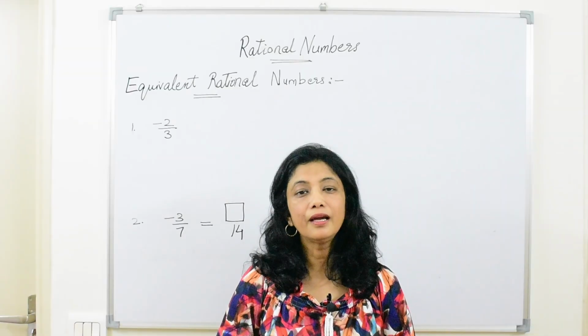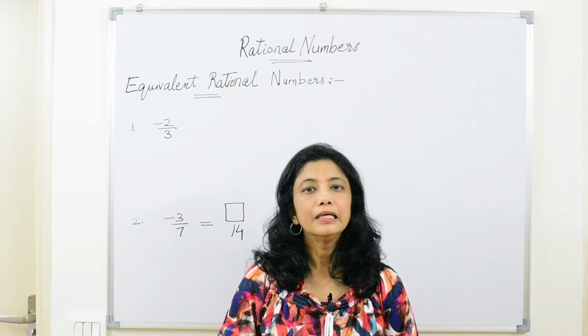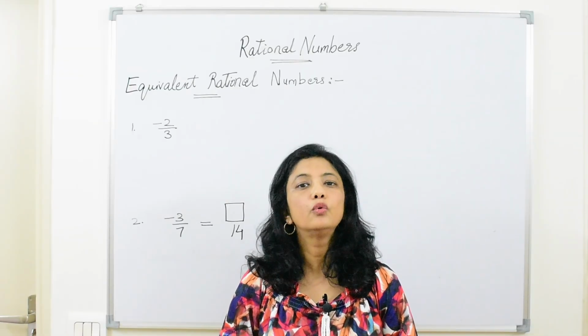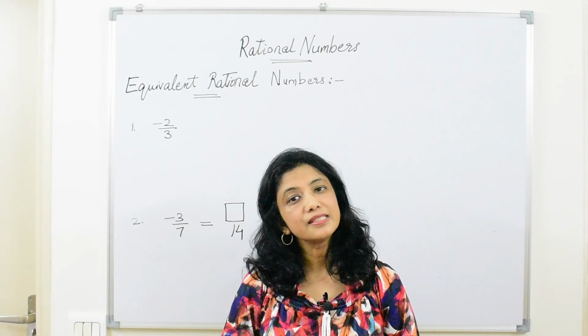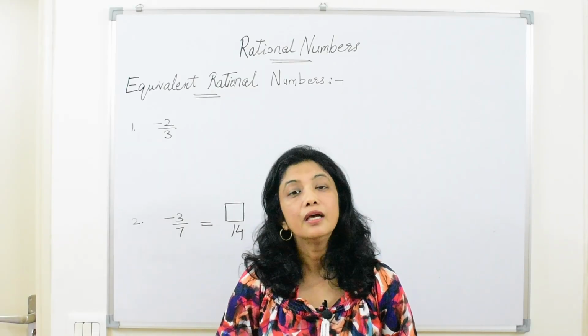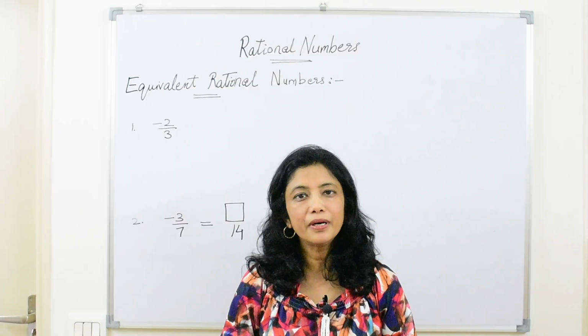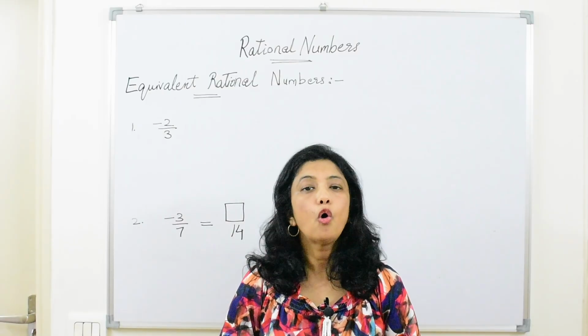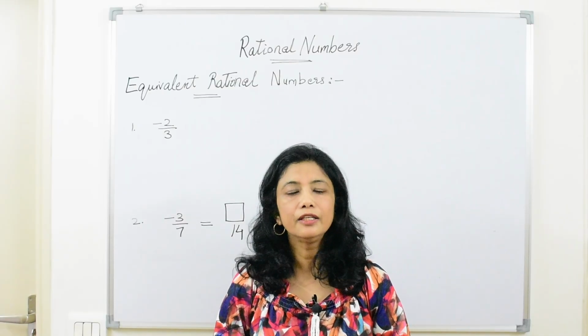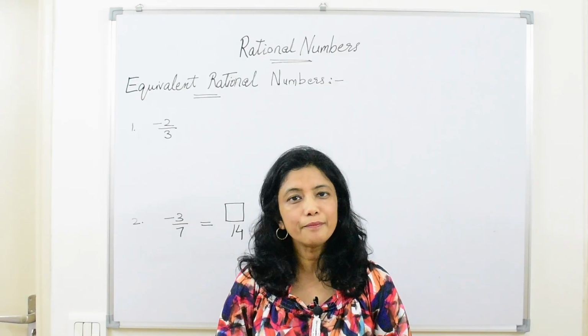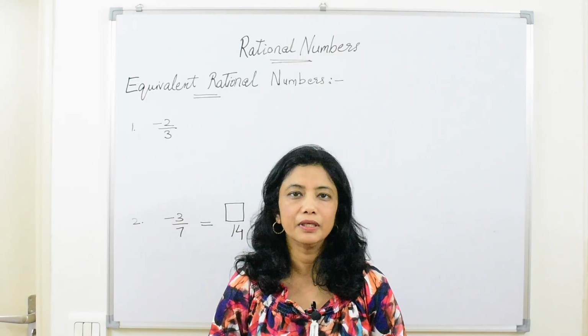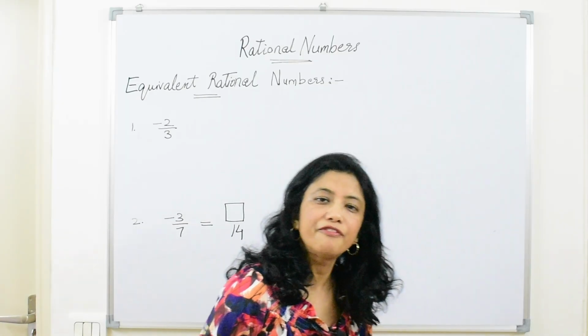Now we will study how to convert a rational number into its equivalent rational number. This is the same as we did with fractions. We will multiply the numerator and the denominator by the same number to get the equivalent number, or we will divide the numerator and the denominator by the same number to get the equivalent rational number. It is the same as we did with fractions.